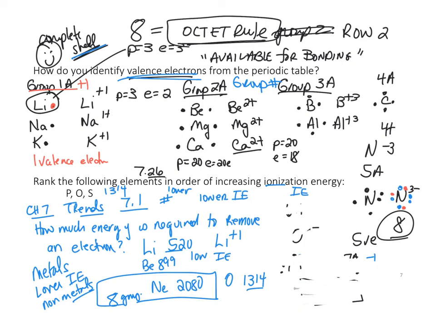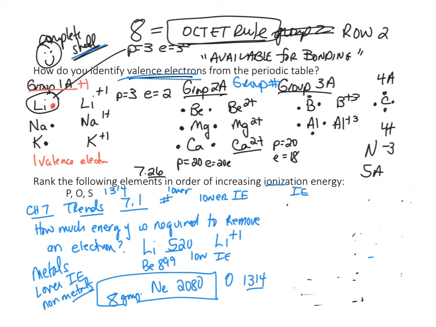Okay. Give me some working space here. The reason why I'm having a little bit of trouble is that ionization energy is easy to explain if you do electron configurations, but you all are not doing electron configurations, so I'm trying to figure out how to explain this without knowing anything about electron configurations.